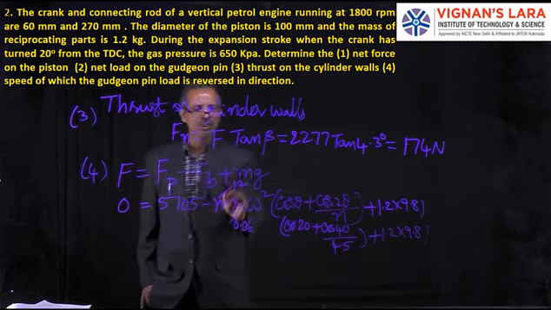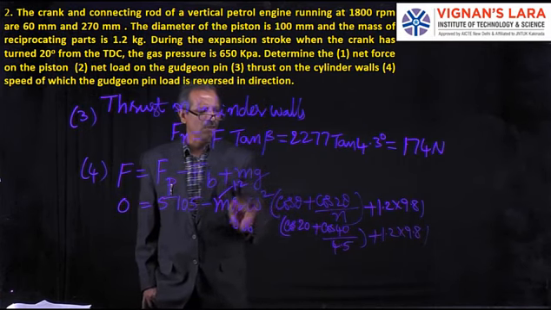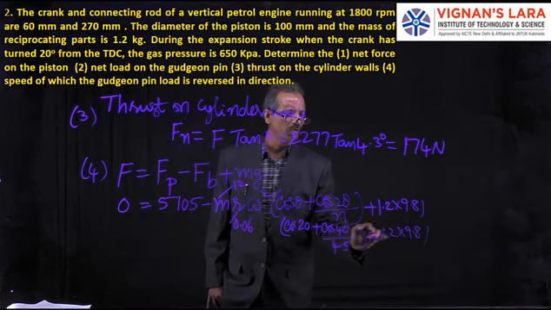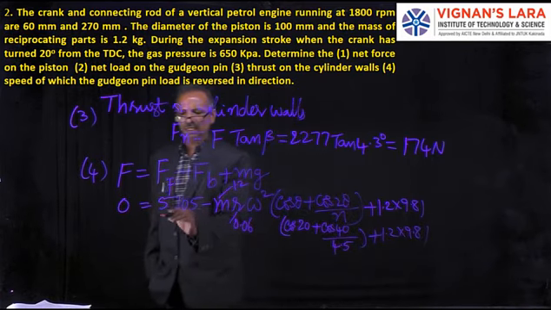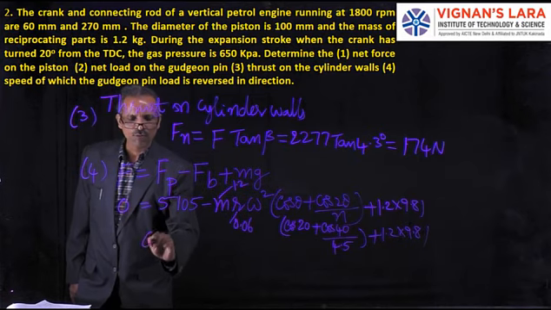So substitute the m value and r value, omega square is unknown, keep it unknown. Cos 20 plus cos 40 by 4.5, plus 1.2 into 9.81, is 0. Equate this and get the value of omega square.